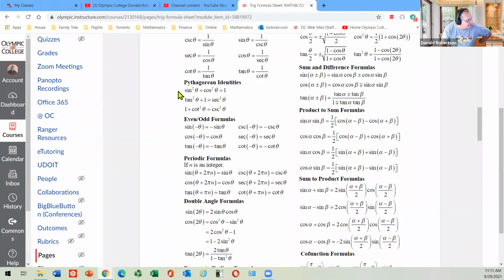Here's the good stuff. You see conversions. And you see that one there has the tan squared plus 1 equals secant squared. But if you rearrange that one, isn't tan squared secant squared minus 1? Right, and that's the one we just used. So any kind of identity that you're looking for that would help you, that's where it would come from.